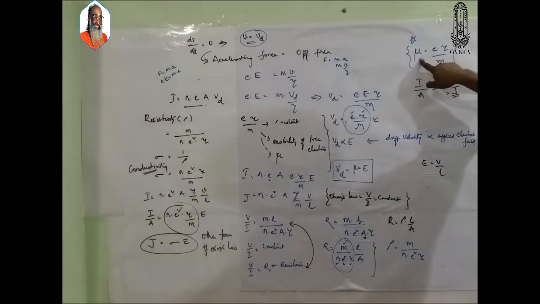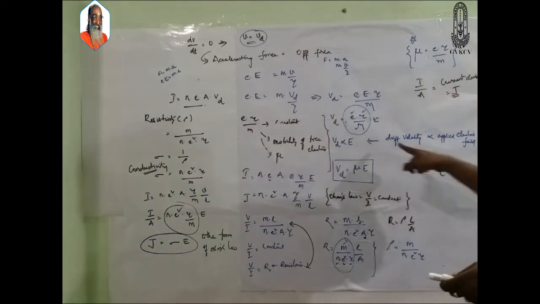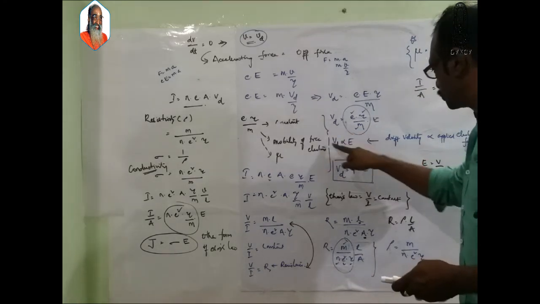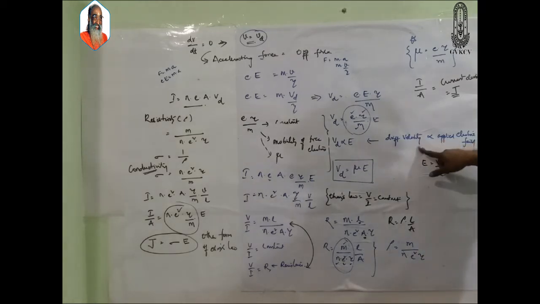Mobility of free electron mu is equal to E tau by m, and after finding this we found that Vd is proportional to E. That means drift velocity is proportional to the applied electric field. This is an important thing.